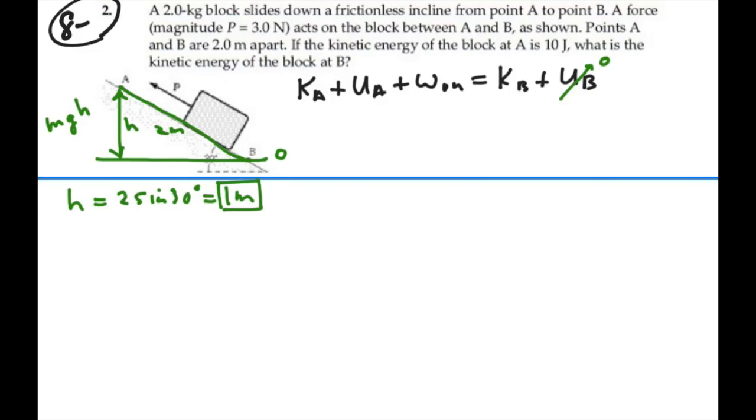Kinetic energy at A is given as 10 joules, and we want to find kinetic energy at B. So right now we've got that 10 joules plus mgh plus the work done along the way, which is going to be the work done by P. That's going to be P times D cosine of the angle between them, let's say alpha here, is equal to the kinetic energy at B. Well, P is going this way, and D is going this way.